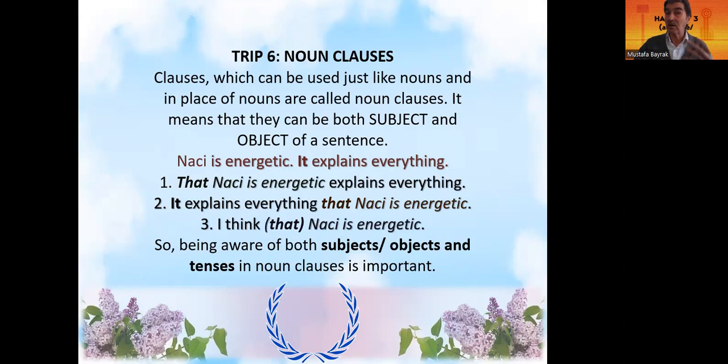Noun clauses are clauses which can be used just like nouns, in place of nouns. So simple, so practical. It means that they can be both subject and object of a sentence. For example, Naci is energetic, it explains everything.